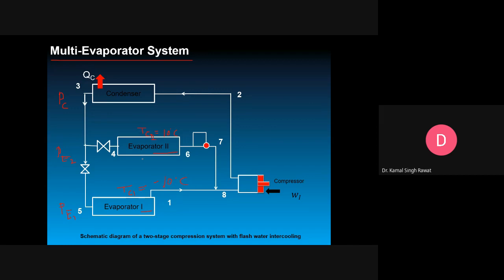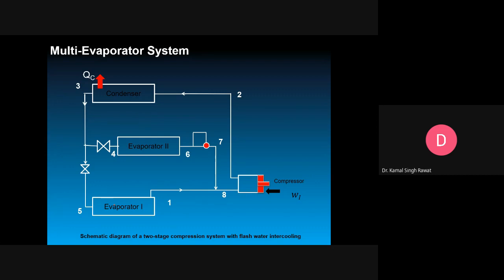That's why we are using two evaporators. Otherwise, we would have to use two different systems. But if we are using a multi-evaporator system, we can do the refrigeration at two different temperatures with a single system.